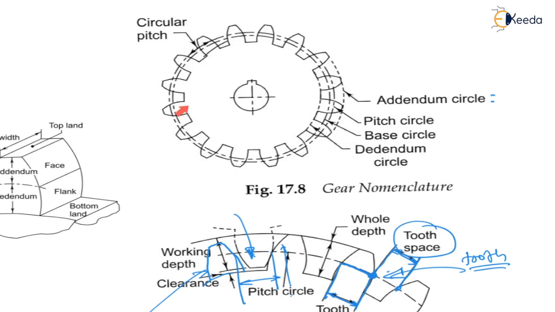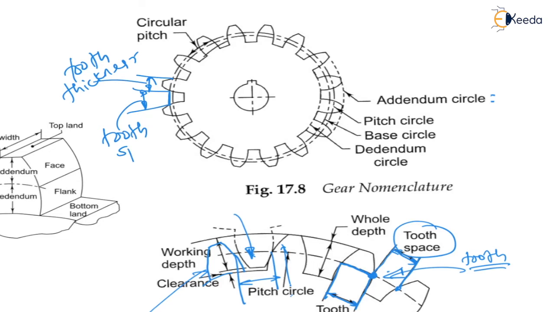Now in this diagram you can clearly see that at pitch circle, this thickness is called tooth thickness, and this distance is called tooth space. And in tooth space, the tooth of the mating gear will enter.